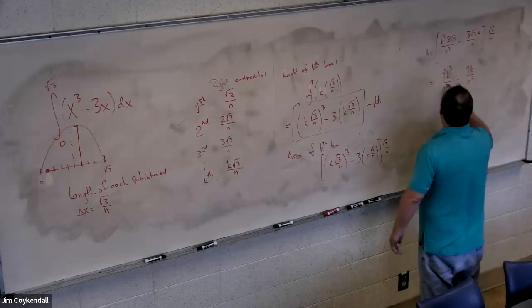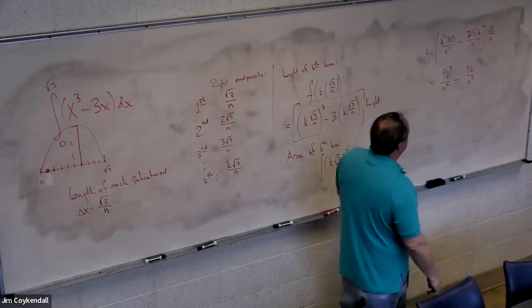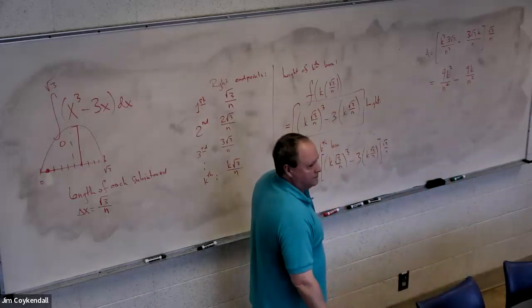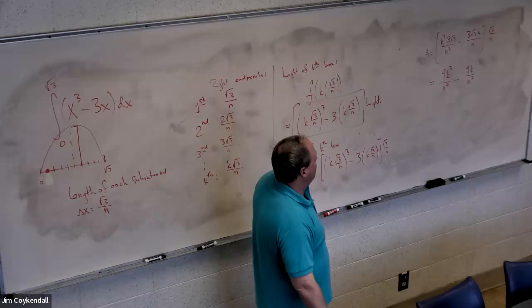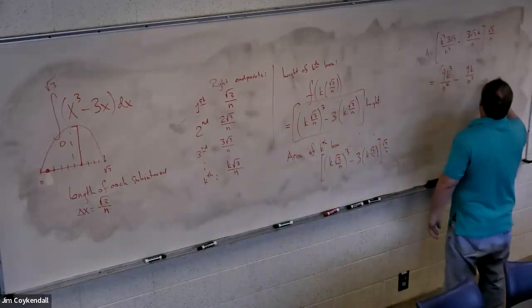I've got to multiply this in here. So this is pretty concise. This is the area of the kth box.